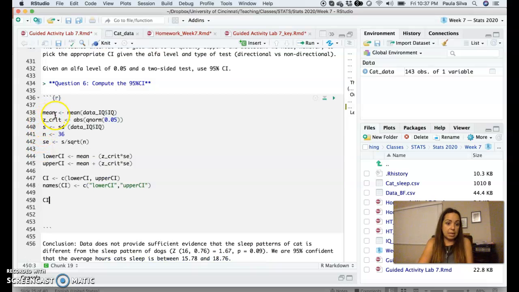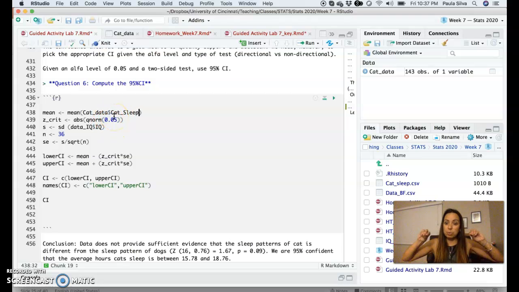So we need the mean, and the mean is not the mean IQ, it is the mean of cat data, cat sleep. And then the z critical that we want is not the 90%. That leaves 0.05 in each side.